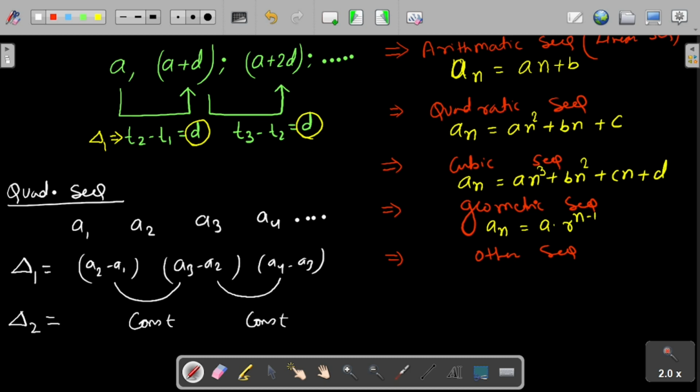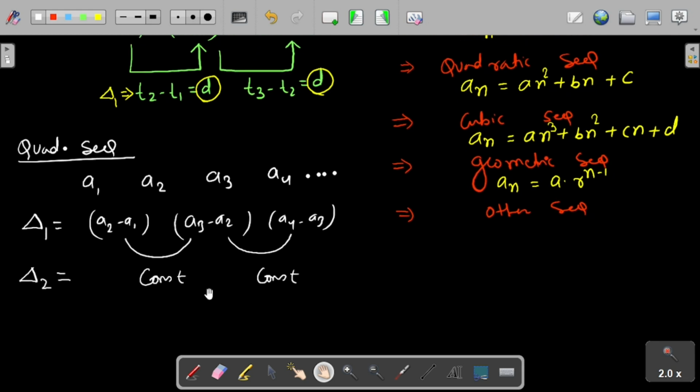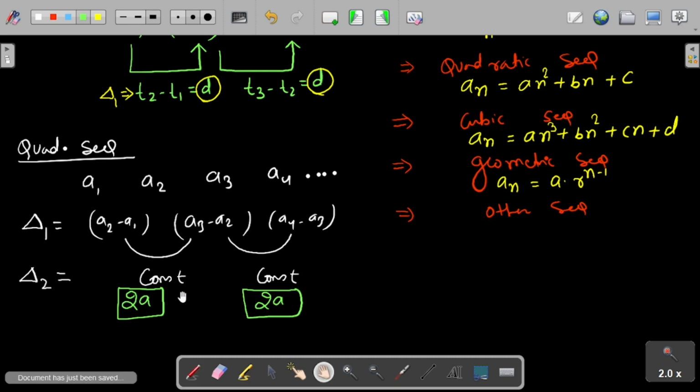I hope you are getting this point, and you have studied this before also. This is the quadratic sequence. What I recommend is, the second difference is equal to 2a. You may remember that the second difference for a quadratic sequence will be 2a. I will explain this also.